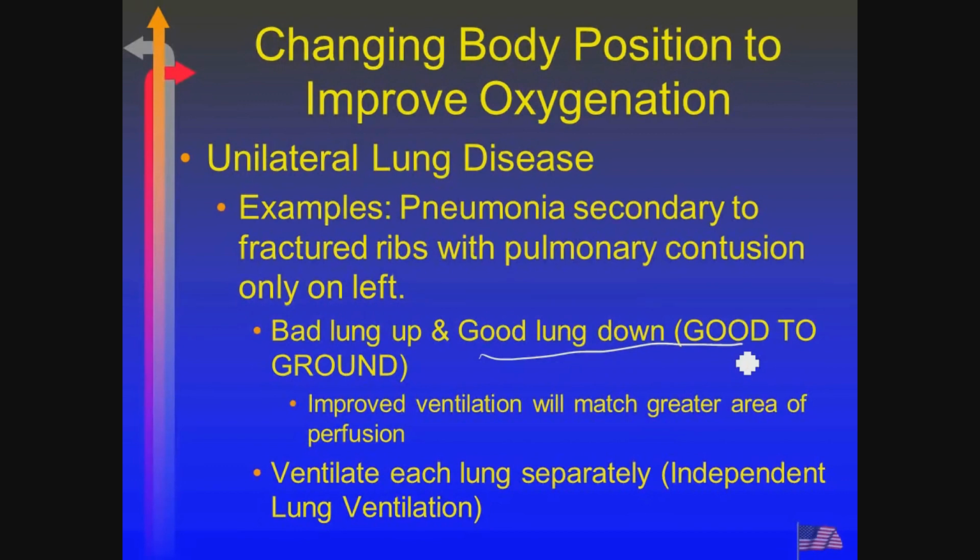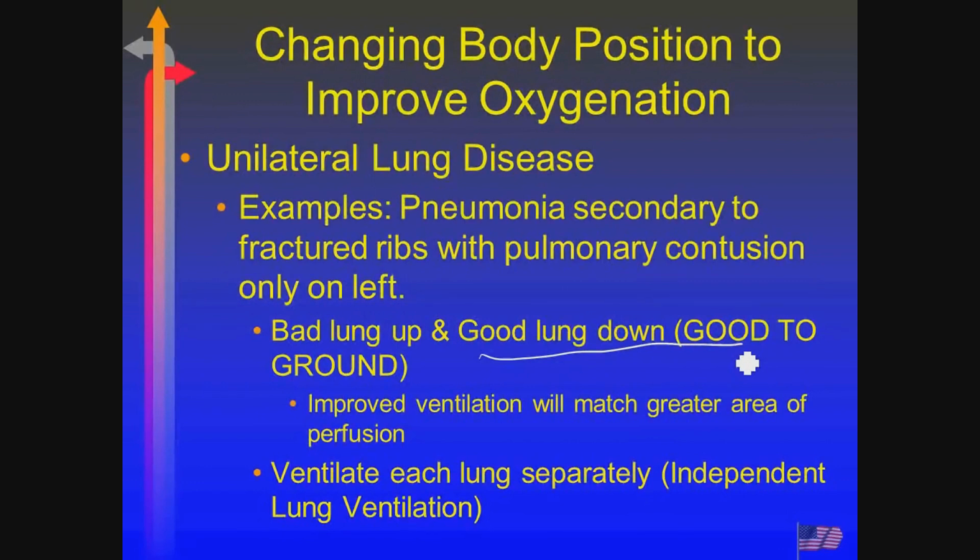And this is in the early days of pulse oximetry, but we were monitoring his oxygen levels continuously. And as he would turn, so the good lung was up, his oxygen levels would fall, and as they rolled the other way, his oxygen levels would come back up again. It was interesting to see this theory held out as being reality.